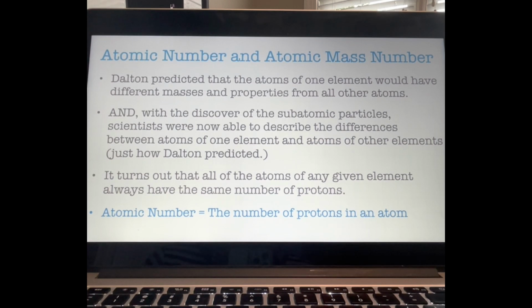Since the number of protons in an atom is fundamental in determining what kind of atom it is, the special term we use for that number of protons in an atom is called the atomic number of the atom. So again, the atomic number is the number of protons in an atom. And again, all the atoms of any given element will always have the same number of protons.